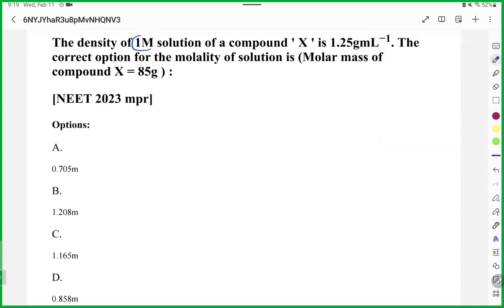Density of 1 molar solution of X compound is this. Correct option of molality if molar mass is this.